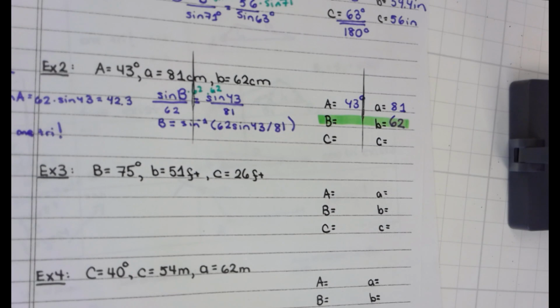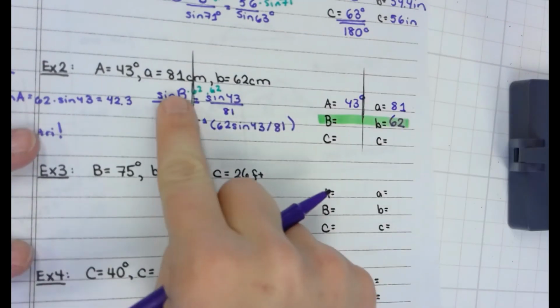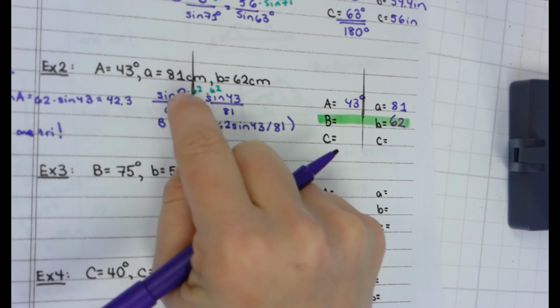Okay, type it in. If it didn't like it, check your parentheses around the 43. Wait, why did we do sine inverse and regular sine beside it? Because you're looking for the sine of B. So anytime you try to find an angle, you have to type in sine inverse.